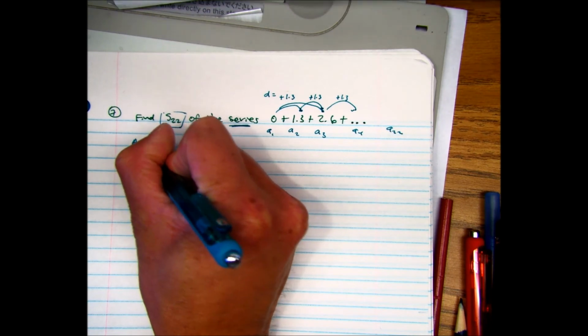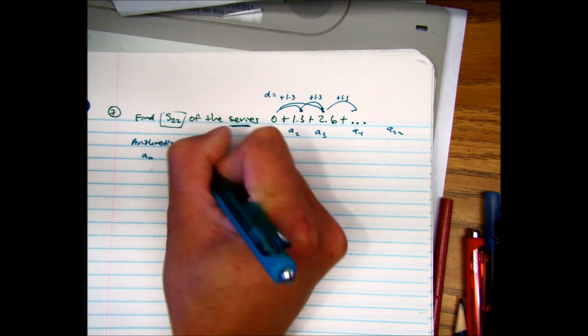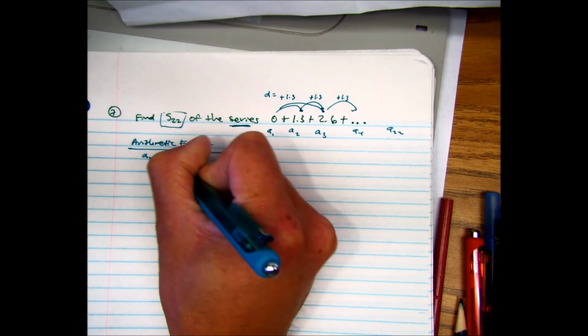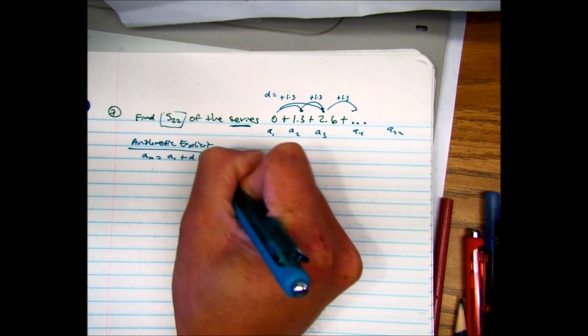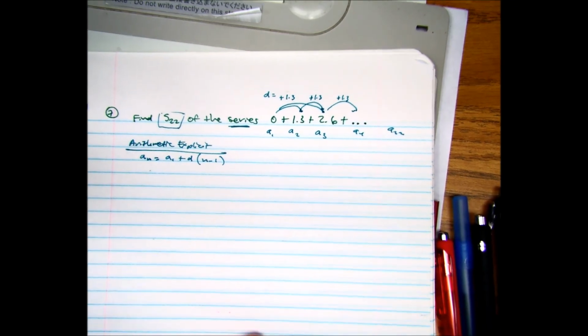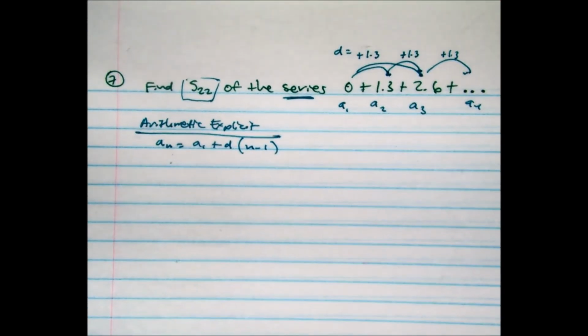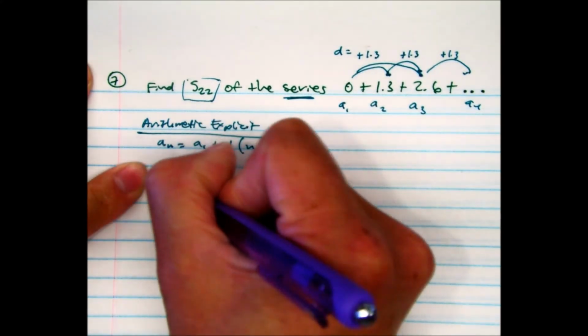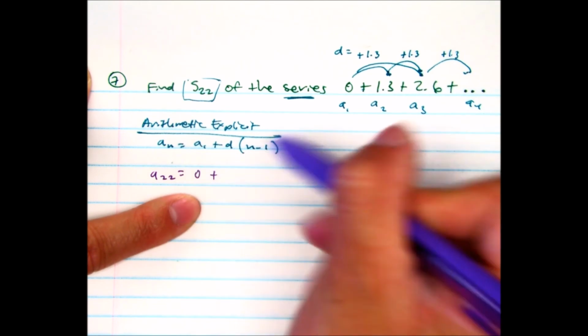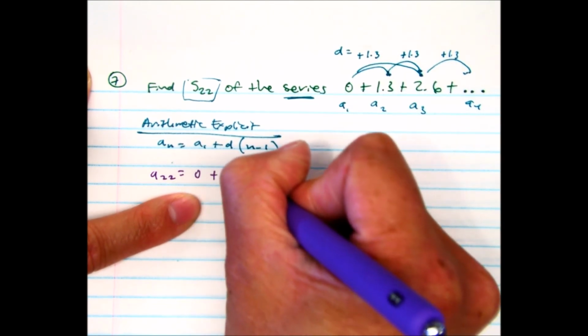So let's write that arithmetic explicit formula: an equals a1 plus d times n minus 1. And in this problem, my an value is the 22nd value. My first number on the list is 0. My difference is the common difference, 1.3.